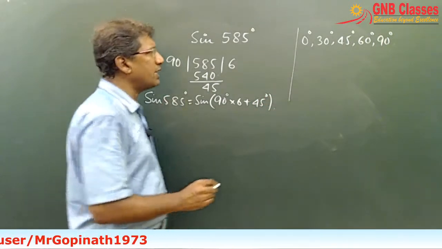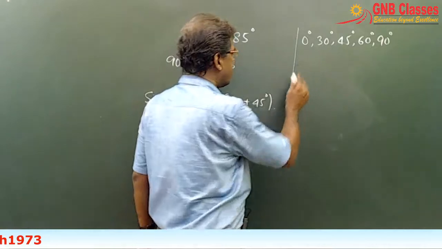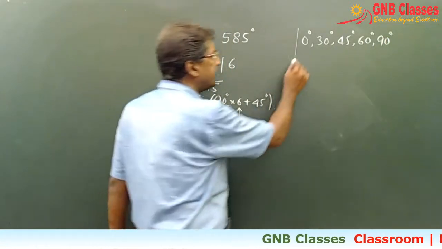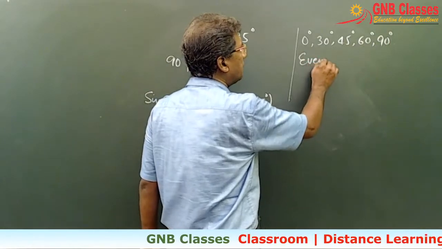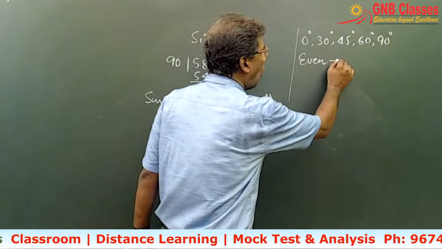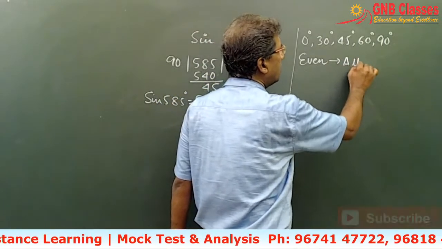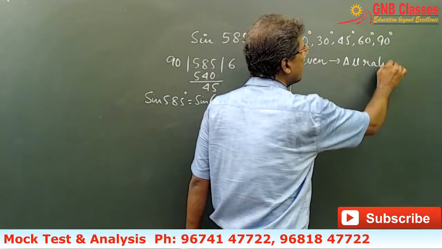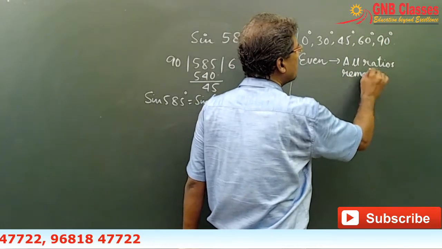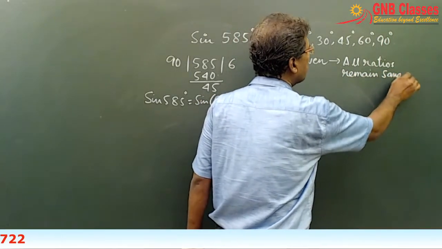Okay. Now one thing you must remember, that is, if the multiple of 90 degrees is even, then all ratios remain same.